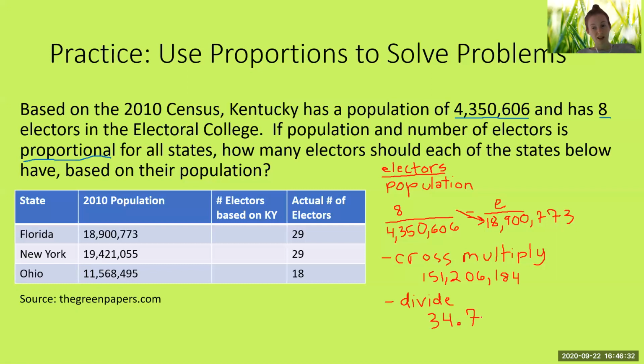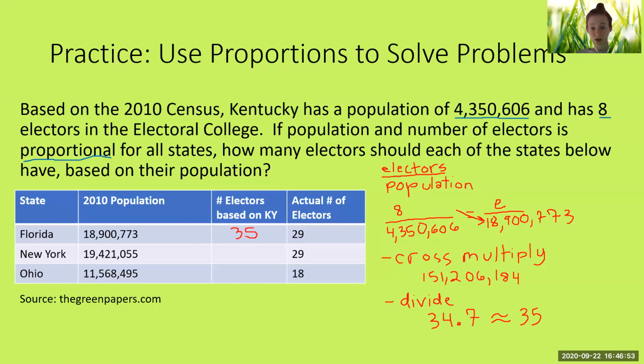So since we can't have 0.7 electors, I'm going to round that to the nearest whole person. I'm going to round that to 35 people, 35 electors. So Florida should have 35 electors if they were proportional to Kentucky.